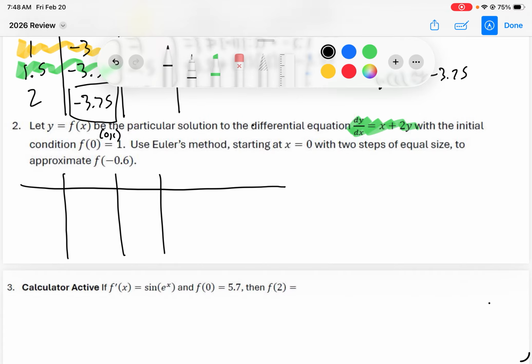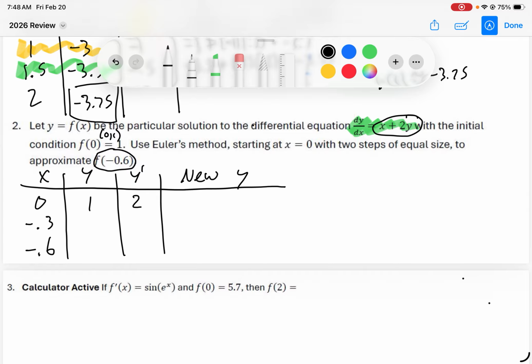It's an extra step. But still, it's x, y, y prime, new y. The first point that we're given is 0, 1, but I want to go backwards to -0.6. So just 2 steps of -0.3, then -0.6. Now I fill out my little chart. So if I plug in 0 for x and 1 for y to my differential equation, I get the slope is 2.